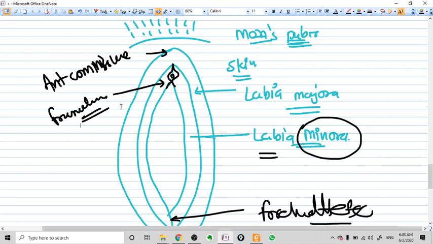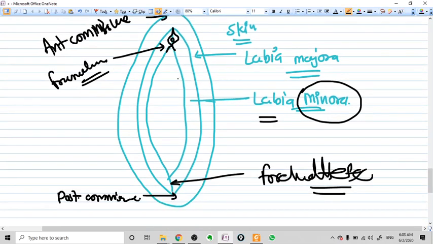Okay, inside the labia minora another set of structures are present, and these structures are the urethral opening and the vaginal opening. The urethral opening also has assisting glands opening here, the glands of Skene, and the vaginal opening also has assisted reproductive glands opening here, that is Bartholin's glands opening.